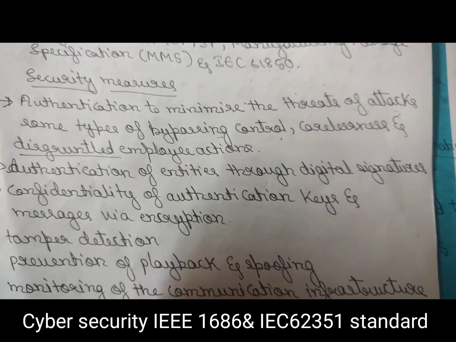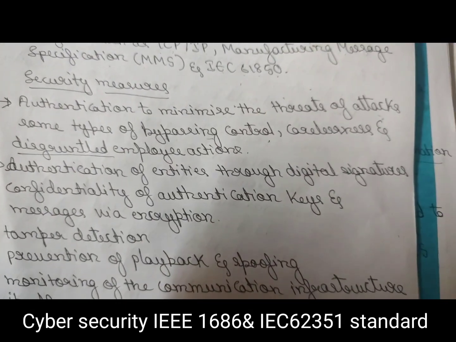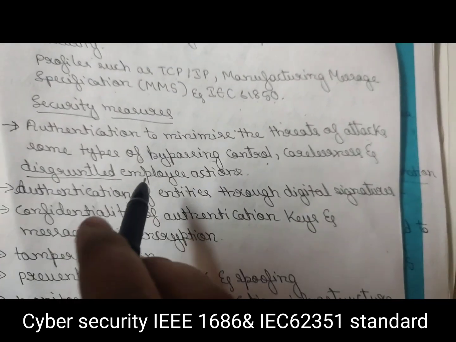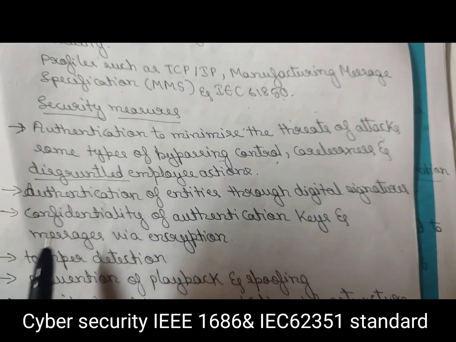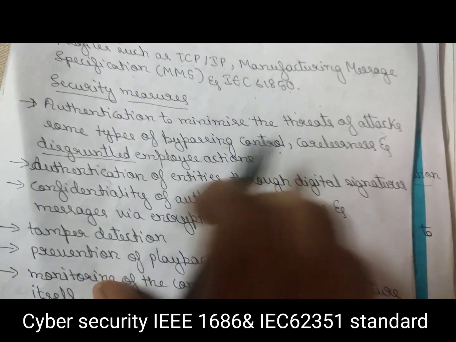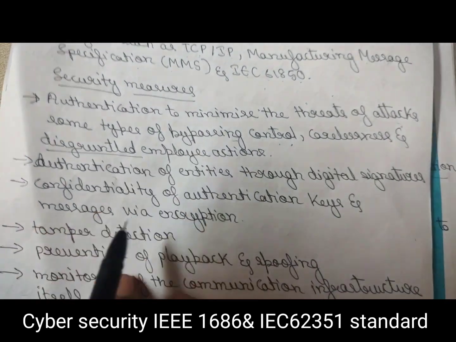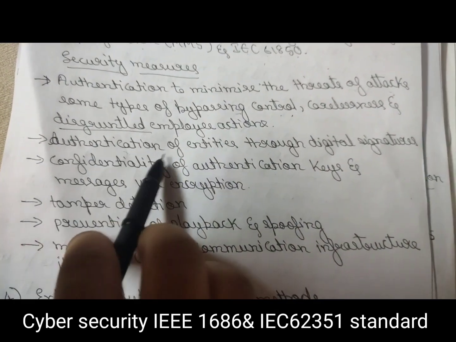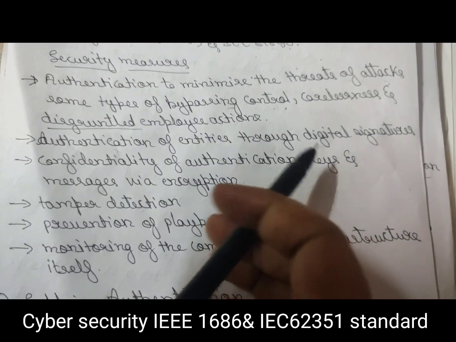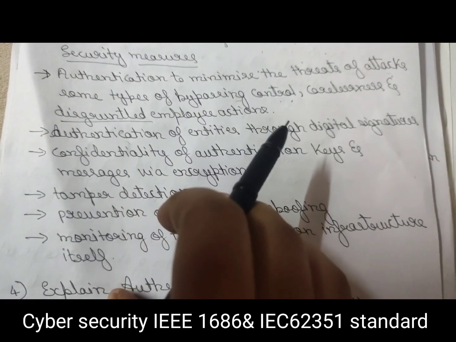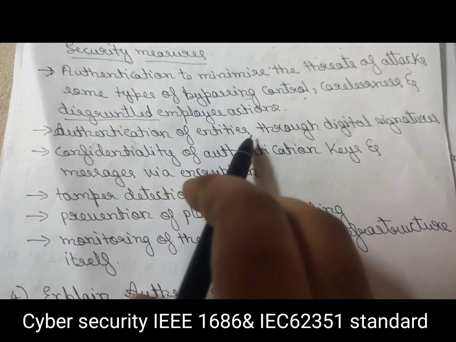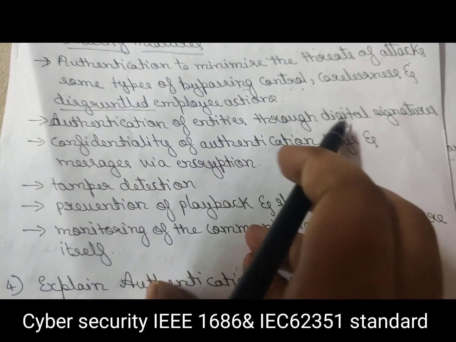So if anyone in the company is misusing the data, that is a threat. Next is the authentication of entities through digital signatures, so that only authorized parties can see the data.